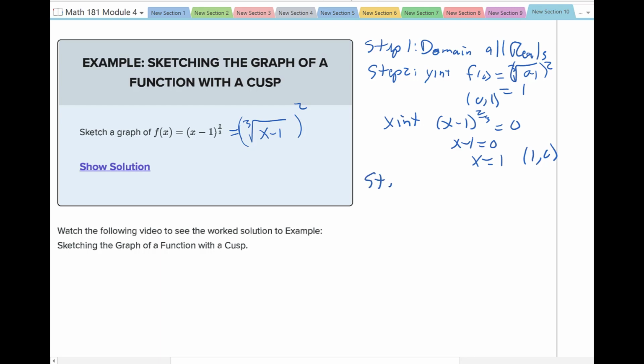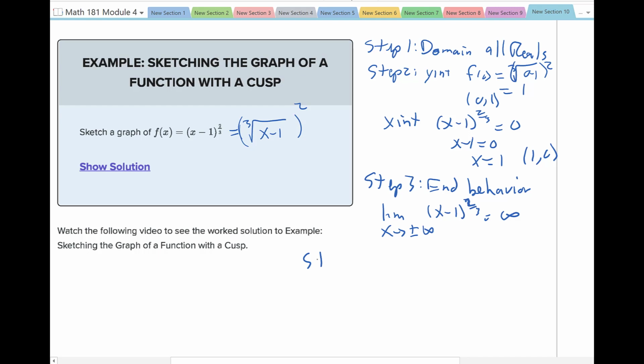Okay, step 3 is the end behavior. And because it's squared, we don't have to worry about doing a left and right because it squares into negative. So the limit as x goes to positive or negative infinity of the x minus 1 to the 2/3 is going to be infinity.